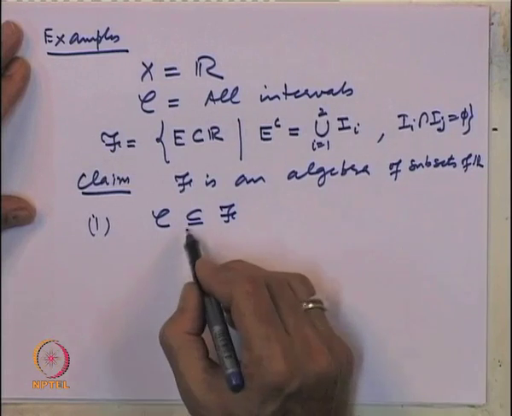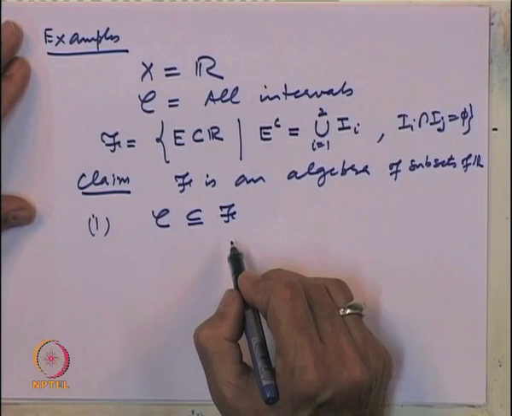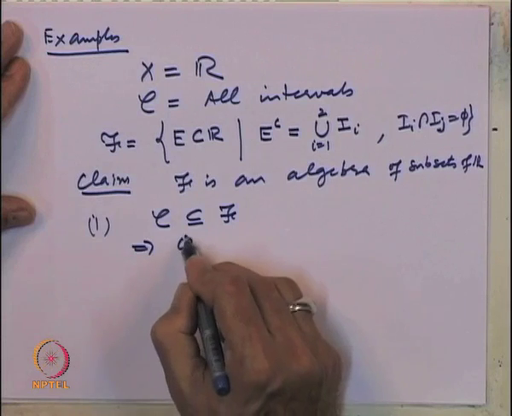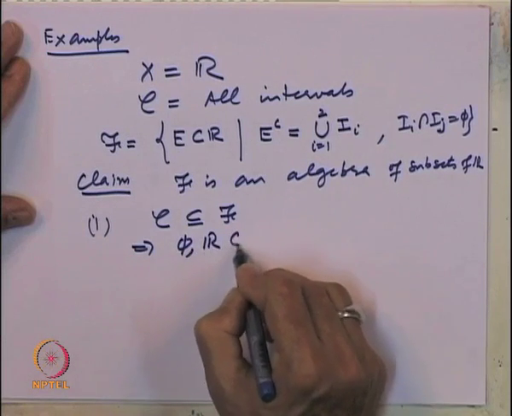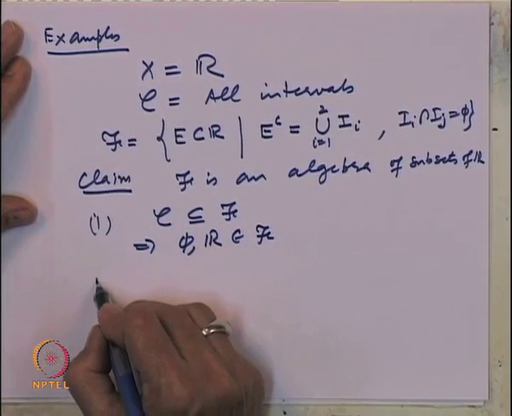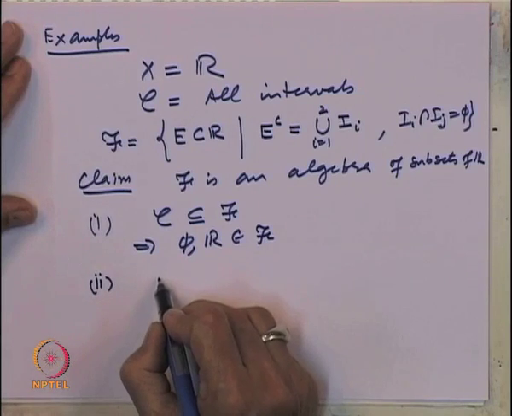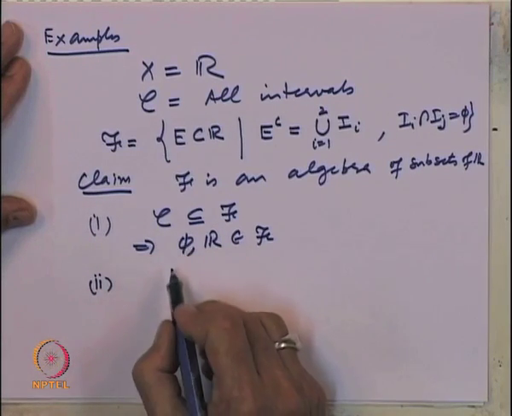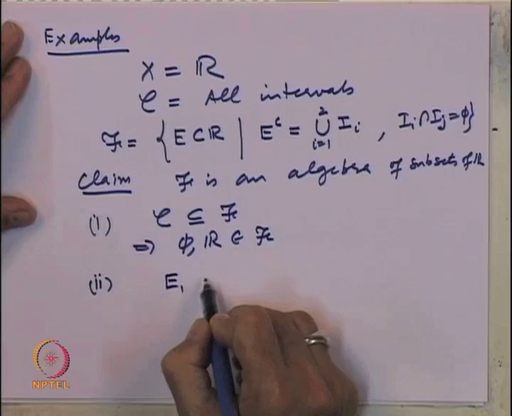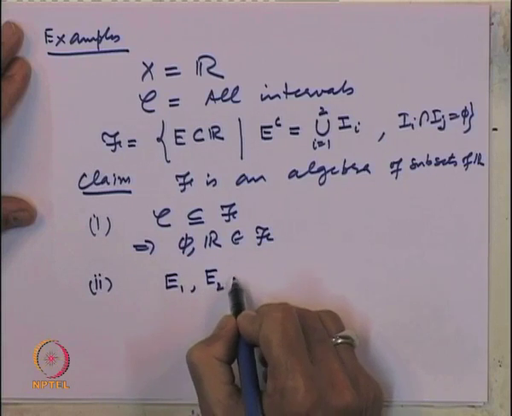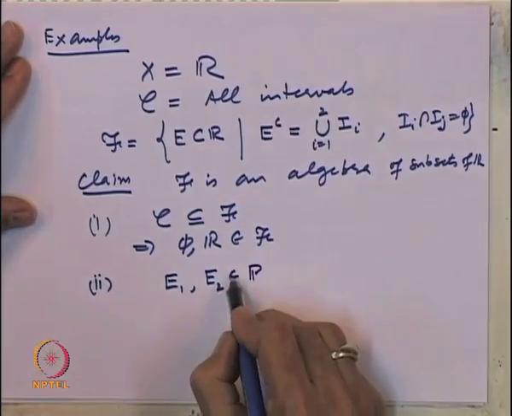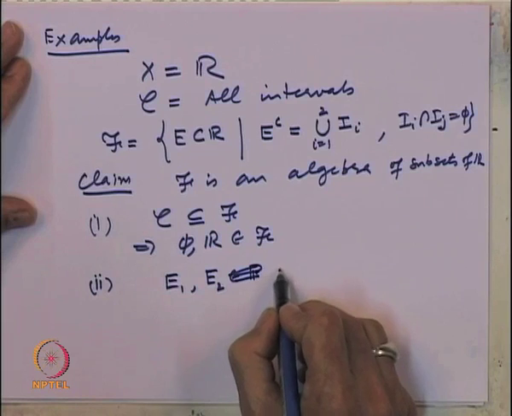So, C is part of the subsets of X. As a consequence, this implies the empty set and the whole space belong to F. Okay. Let us look at the second property. Let us look at two elements. Let us call E_1 and E_2, elements of C.